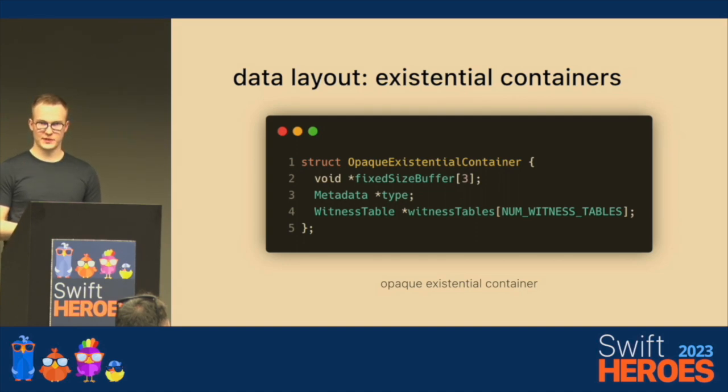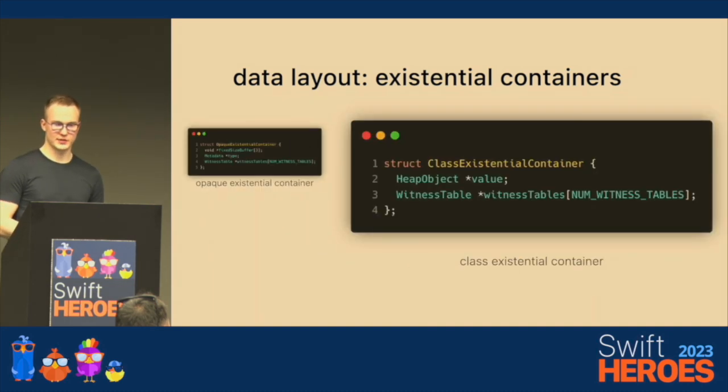And it uses a fixed size buffer, 3 pointers in size, which is crucial, because this either directly contains the value if its size and alignment are less than or equal to the fixed size buffer, or contains a pointer to a heap allocation owned by the existential container itself. The type of the contained value is identified by its metadata record, and witness tables for all of the required protocol conformances are included there.